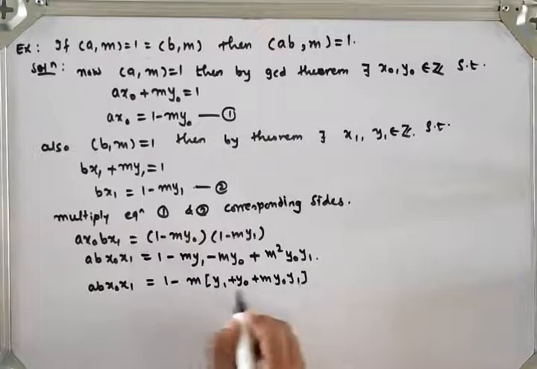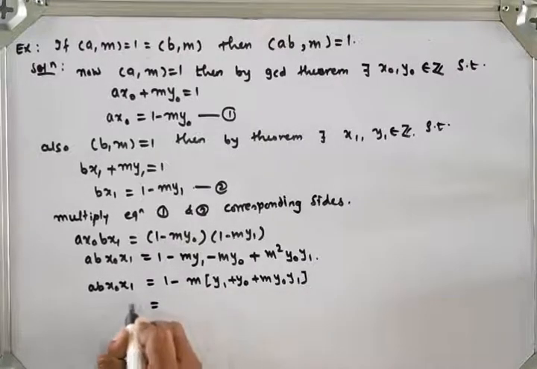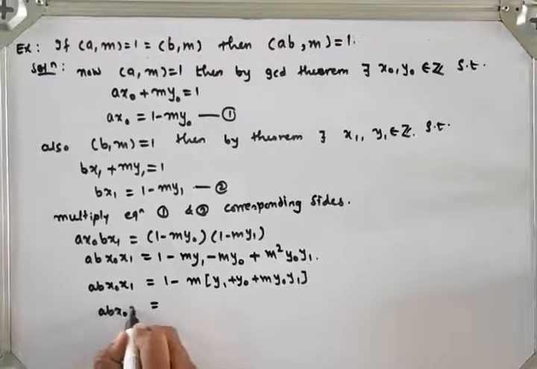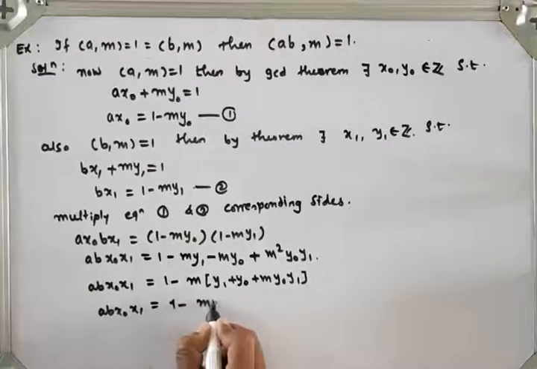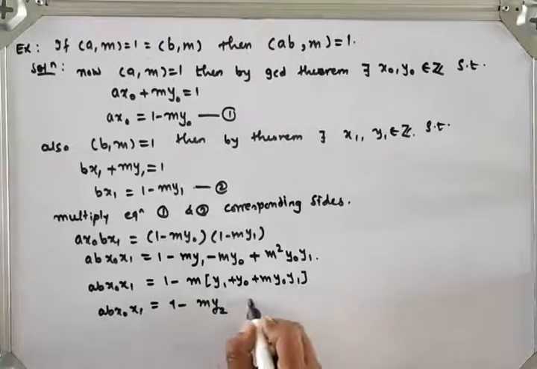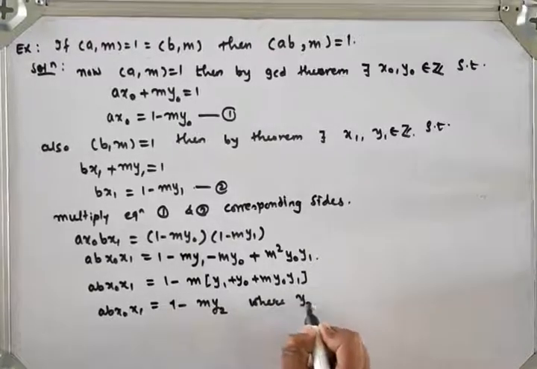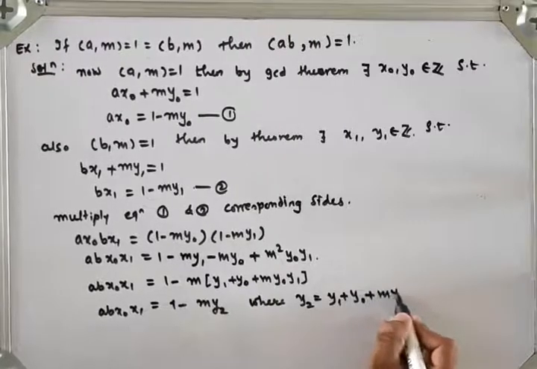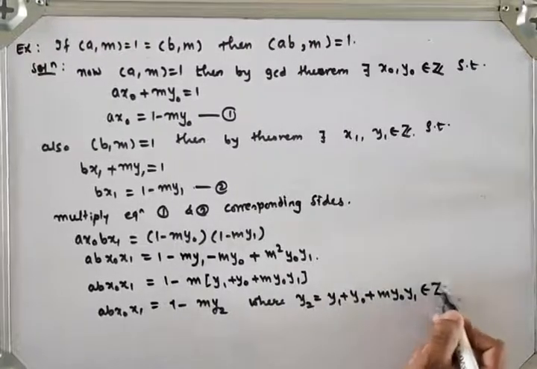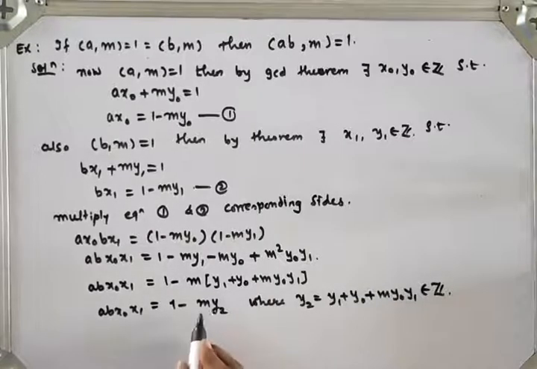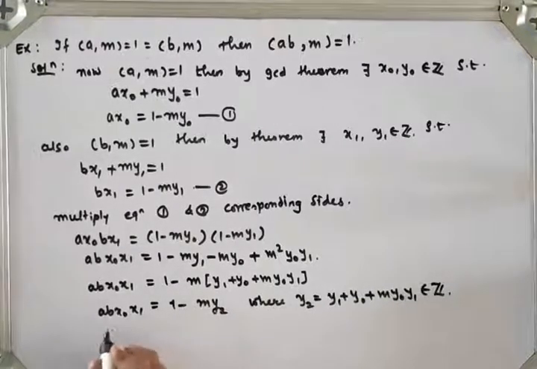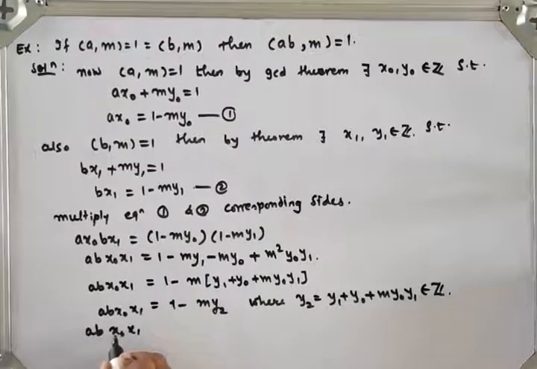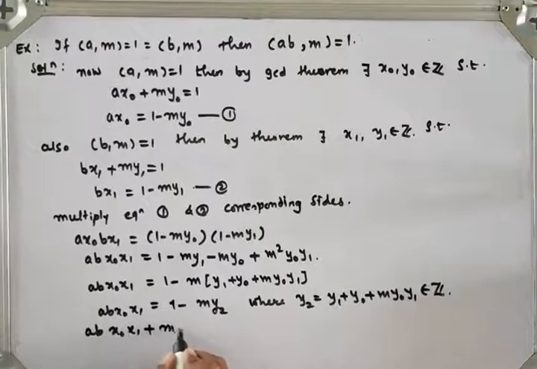So I will write this as y2, where y2 is nothing but y1 plus y naught minus m y naught y1, which belongs to the set of integers. Now, this is minus, so on the left side I will get positive: a into b x naught x1 plus m into y2 is equal to 1.